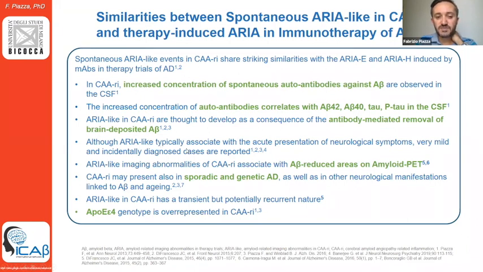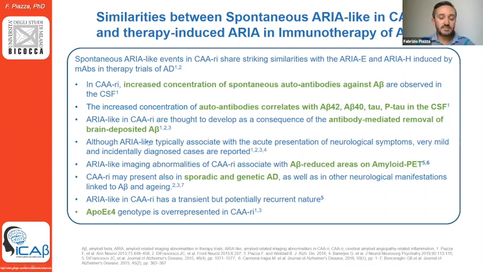CAA-ri was a very severe presentation. And so there was a debate about the real similarity with ARIA in clinical trials, which are today mostly asymptomatic. I would say that this was typically due to the unawareness of the disease. If you don't know the disease, you cannot search for it, and so you cannot recognize and diagnose it.